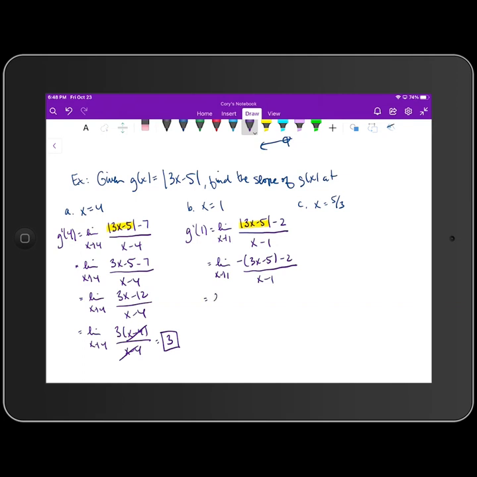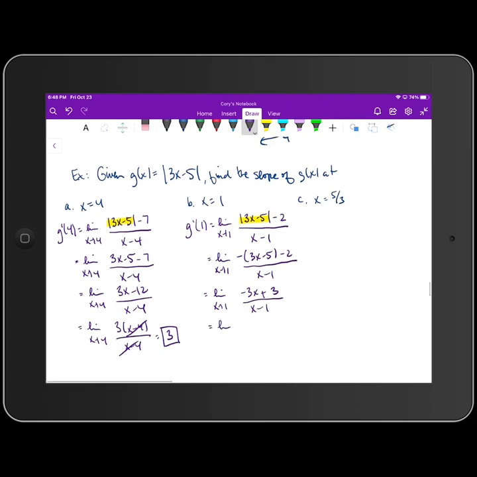This becomes the limit as x approaches 1 of negative 3x plus 5 minus 2, which is plus 3, over x minus 1. Again, if I try using direct substitution, we get something of the form 0 over 0. So I'm going to factor negative 3 out of the numerator, which leaves me with x minus 1 over x minus 1. And we get the slope of that graph to be equal to negative 3.